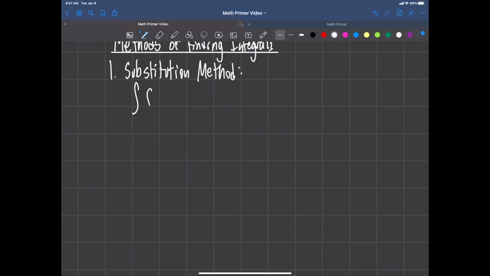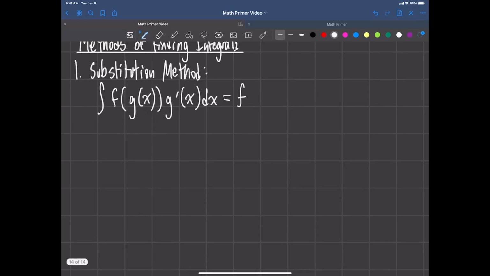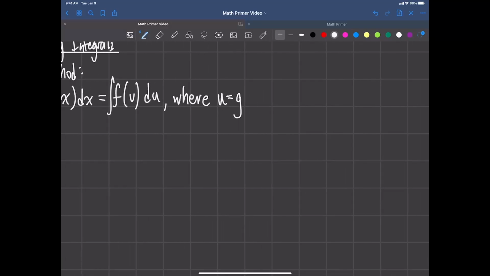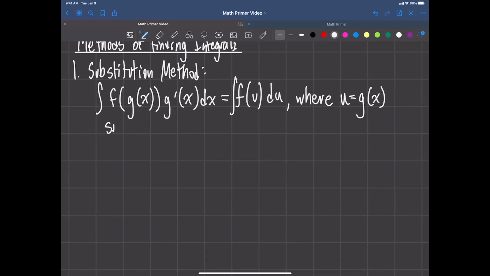If we had an integral of this form, and I'll show you an example later, but this is what it would look like formulaically, then the integral of f of g of x times g prime of x dx equals the integral of f of u du, where u is equal to g of x, since du over dx equals g prime of x.